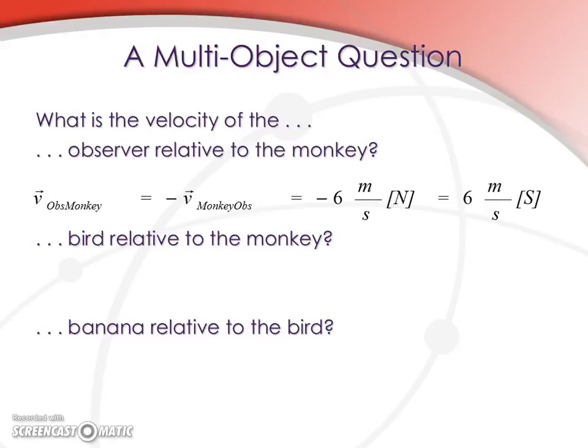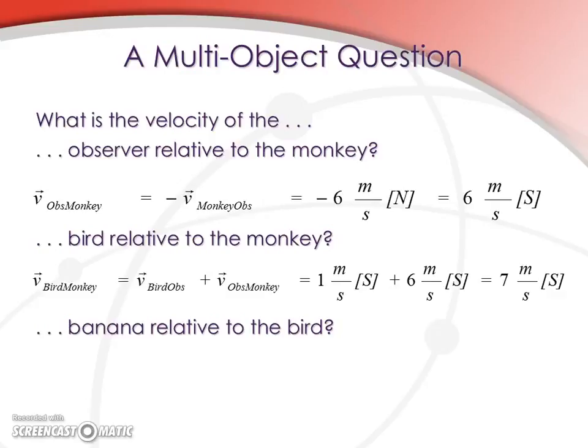So we already understood the concept of reversing the sign in order to find the relative velocity. Remember, we were given the velocity of the observer with respect to the monkey. To get the monkey with respect to the observer, we reverse the sign. And we get that the monkey, from Selma's point of view, is moving 6 meters per second south. But the bird has a velocity with respect to the observer of 1 meters per second south.